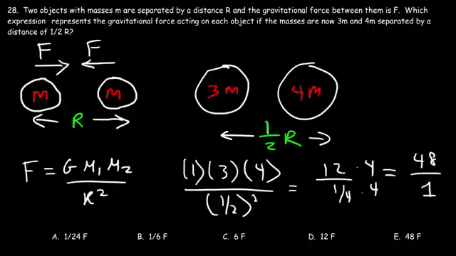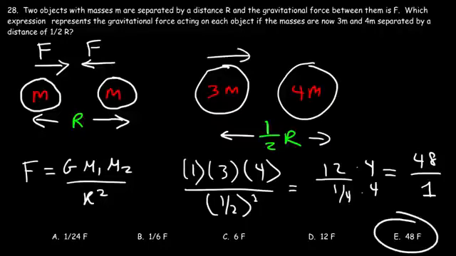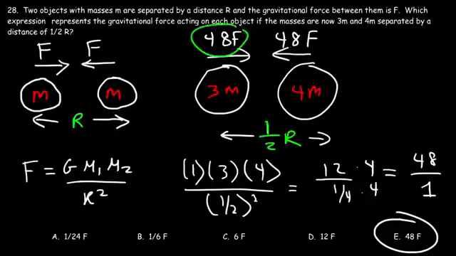So it's 48 times its original value. So the answer is E. It's 48F. Now each force will be the same. So the force acting on the 3m object is 48F. The other one will be 48F as well.